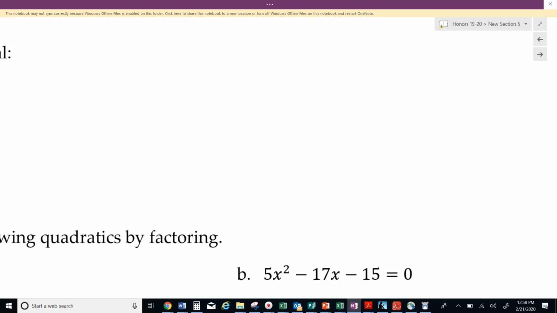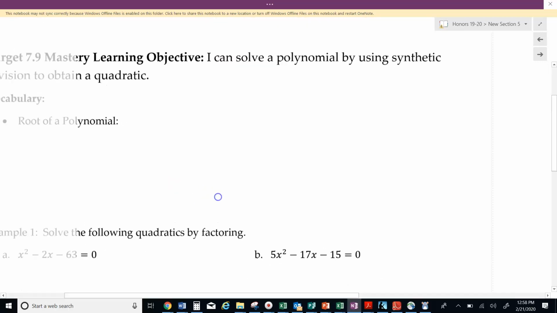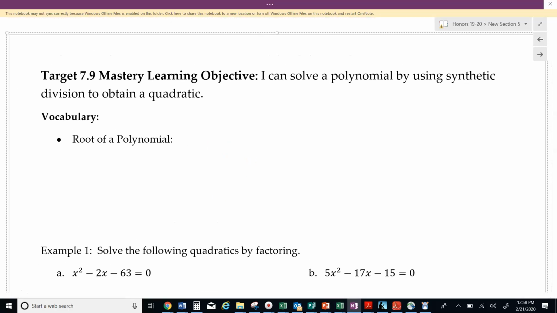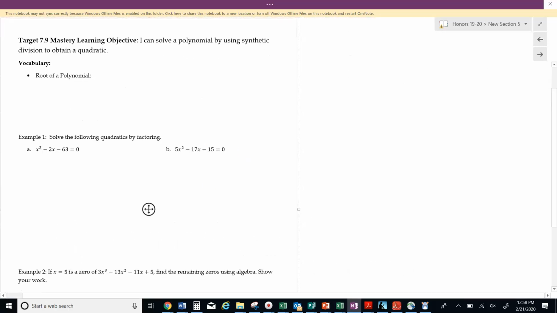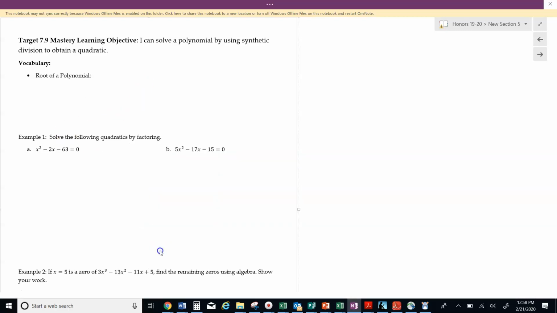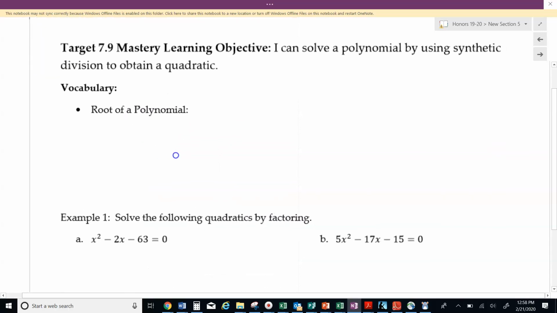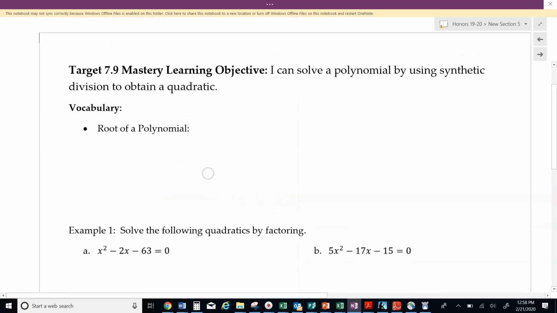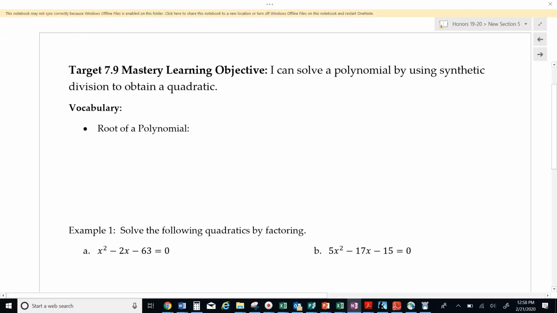So looking at our first vocabulary that we have. Sorry, the computer's skipping around too. A root of a polynomial. So this is just another name for something we already know of.